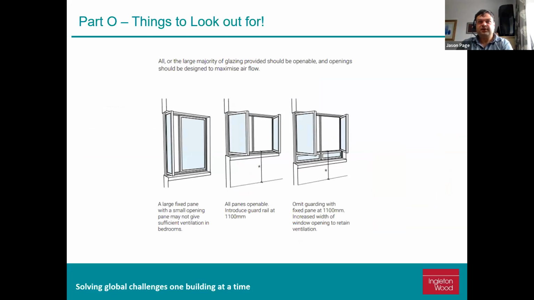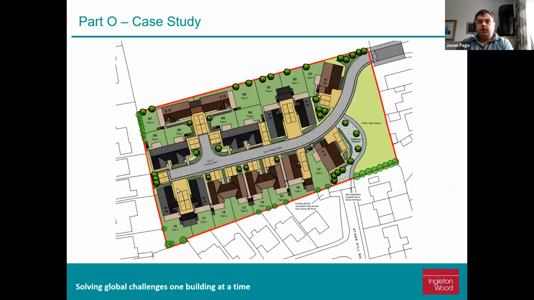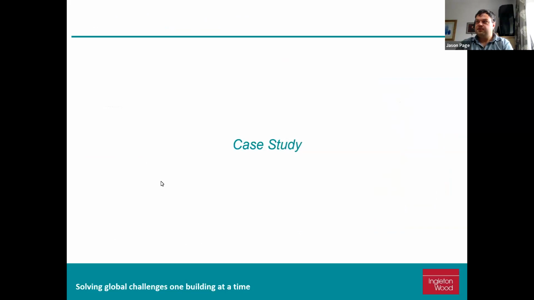This does potentially have the ability to conflict with fire egress windows and fire regulations, so you do need careful thought to make sure you're ticking all the regulation boxes. So that's a very quick, high level overview of Part O.